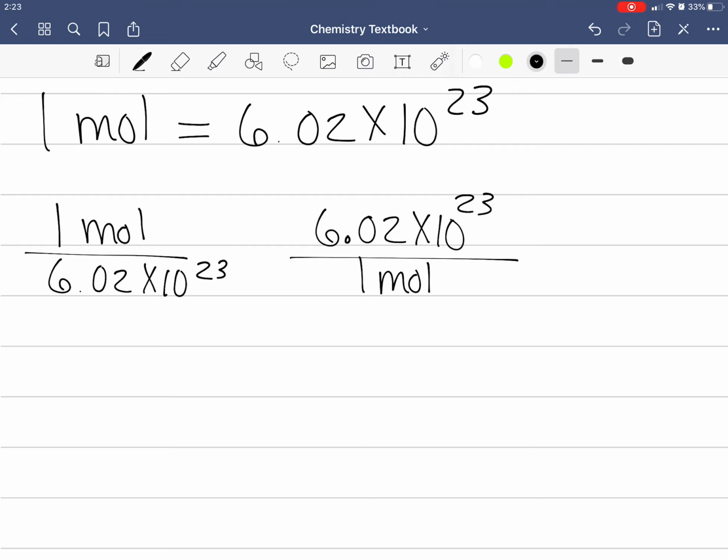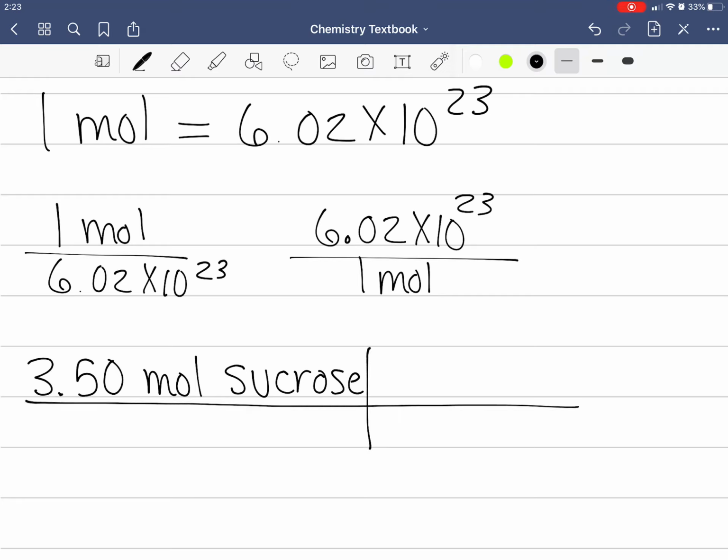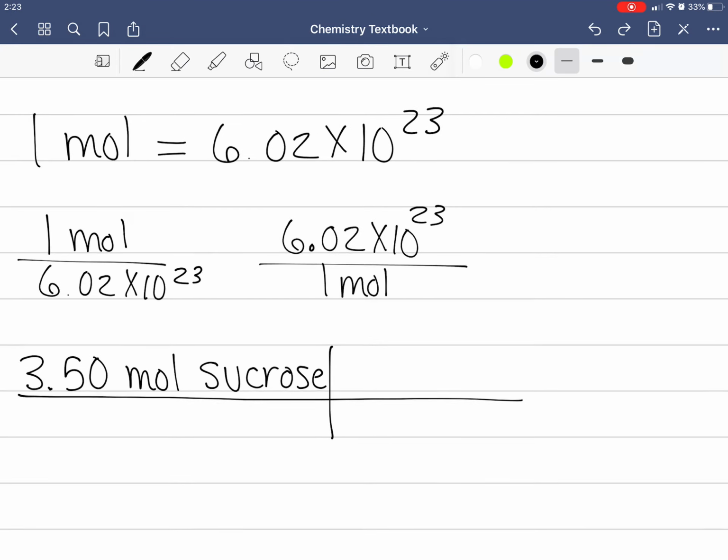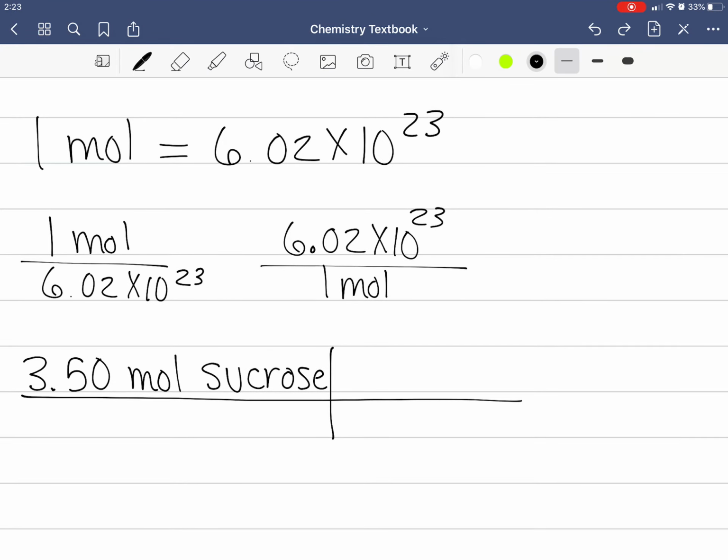Okay. So let's say I have 3.50 moles of sucrose, and I want to convert this to molecules of sucrose. First I look at, remember, molecules of sucrose is a representative particle.